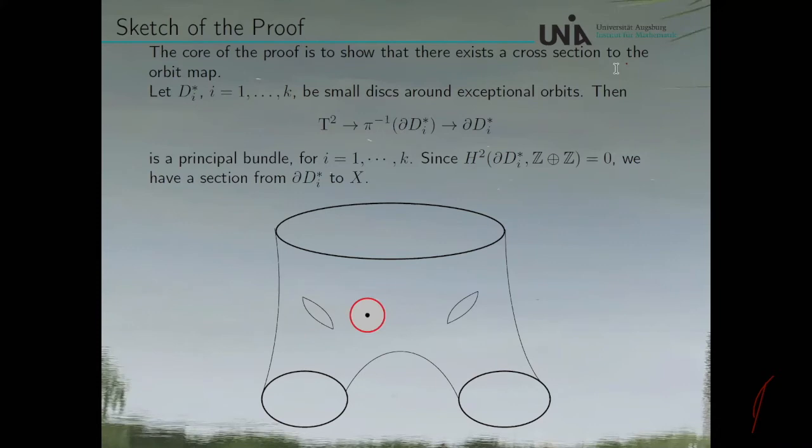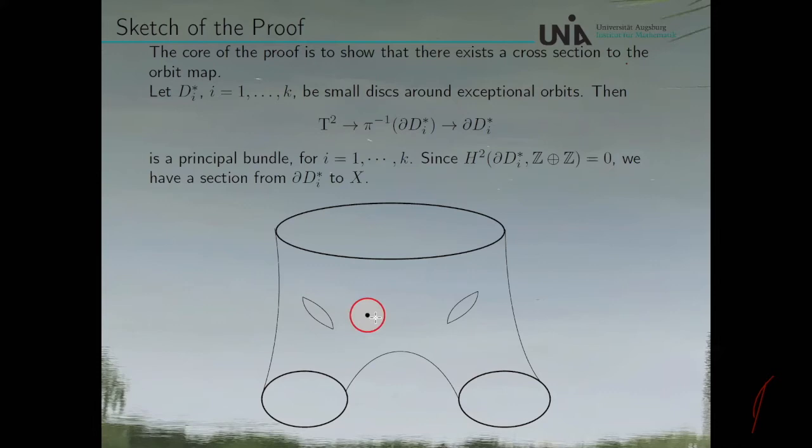The first step is as follows. Remember, the exceptional orbits were interior points and also isolated. I consider very small disks around each exceptional orbit. They don't intersect, and they only have one exceptional orbit.